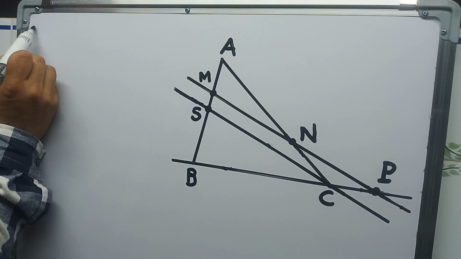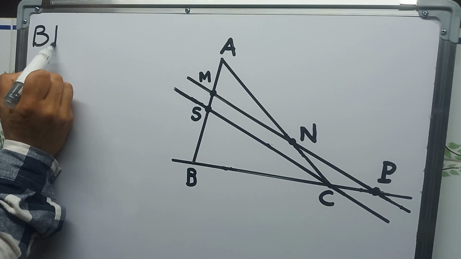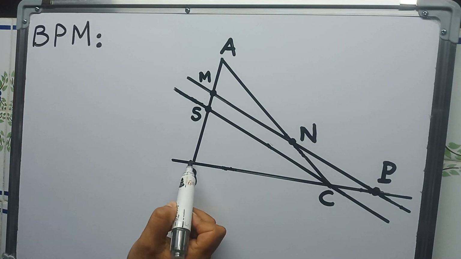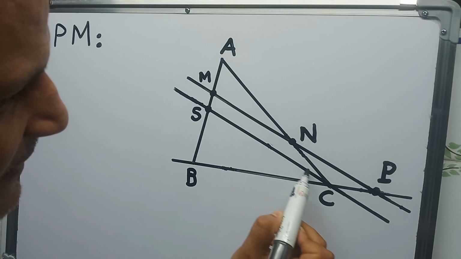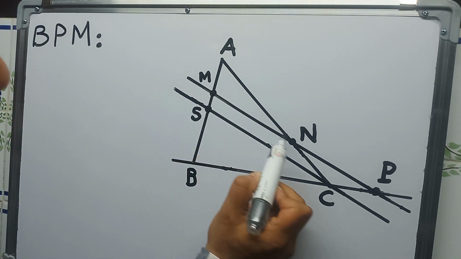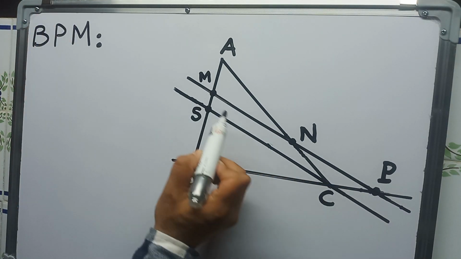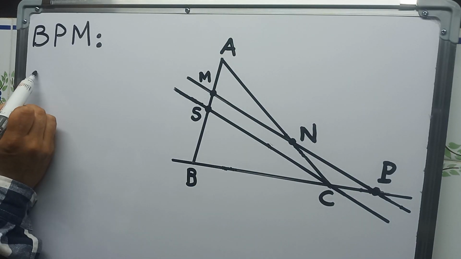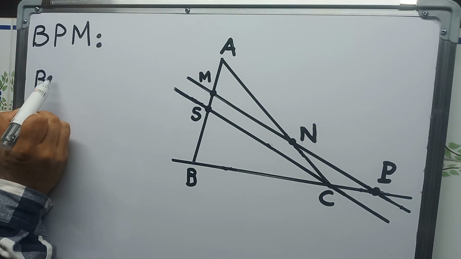In the triangle BPM, we have SC is parallel to MP. So we have BP over BC, applying the intercept theorem.